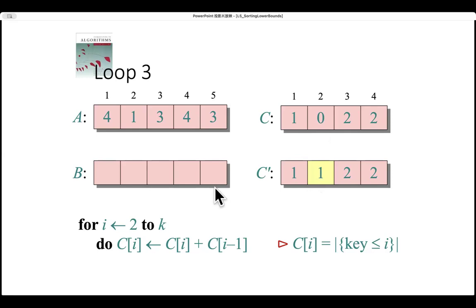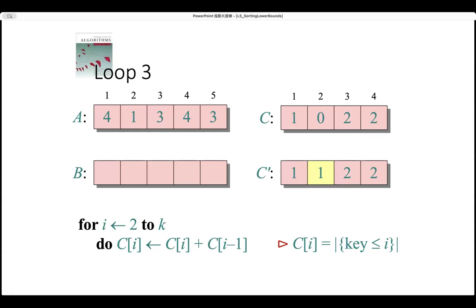For example, we start from 2. It'll be 1 plus whatever was in the second index. So it'd be 1 plus 0. This is 1, this is 0, right? So we get 1. So what does it mean?